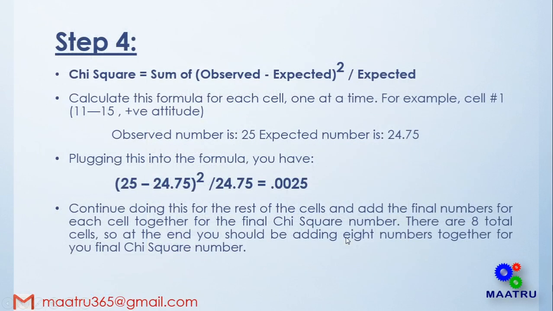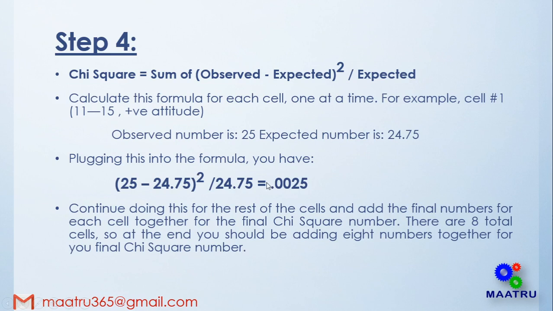And here is how to calculate the chi-square. Chi-square is nothing but the sum of observed minus expected, whole square, divided by expected. This is the simple formula, and we put the values into the formula.